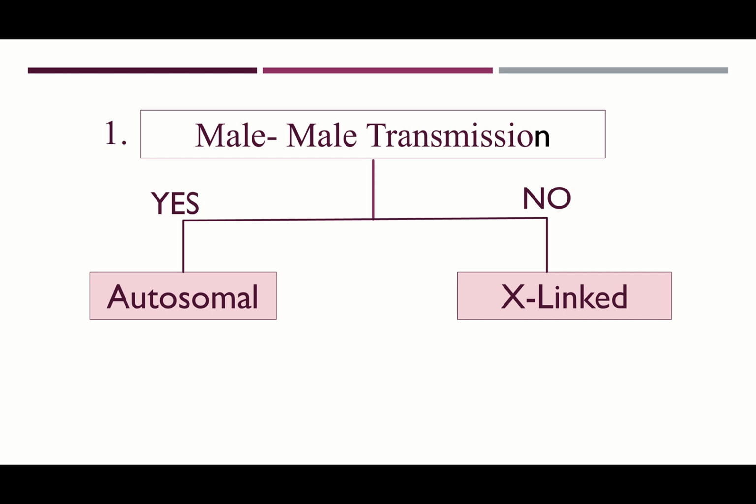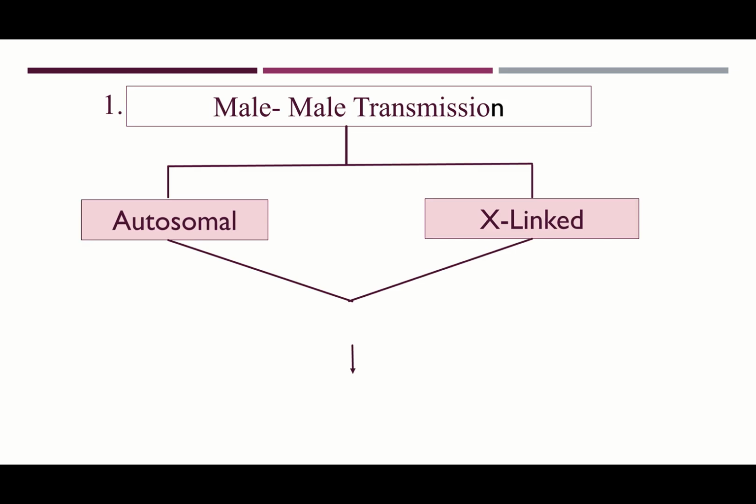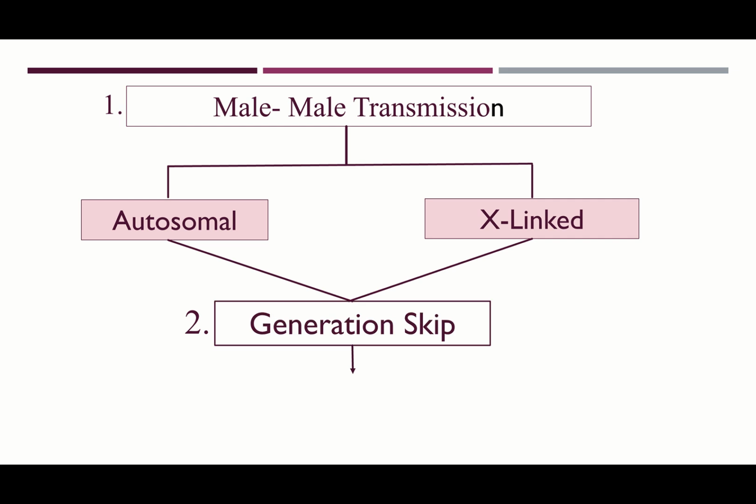So now that you have differentiated between an autosomal and X-linked condition, you proceed to determine whether it's a dominant condition or a recessive one. To do that, you need your second clue, which is to look for generation skip, by which I mean to look for the carriers.